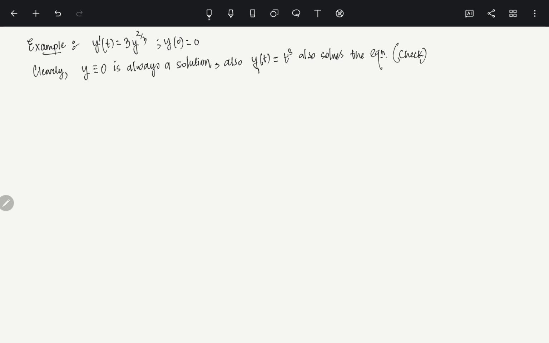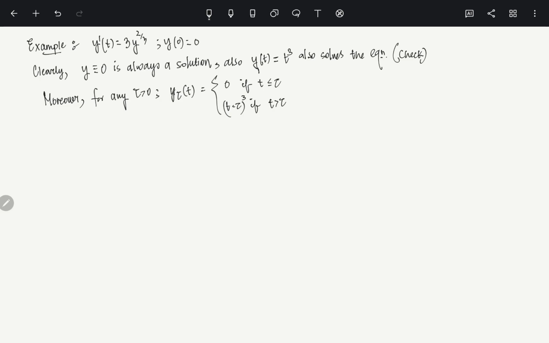Moreover, you can show that for any tau greater than 0, this family y_tau(t), given by 0 if t is less than tau, and (t minus tau) cubed if t is greater than tau, also satisfies the equation.